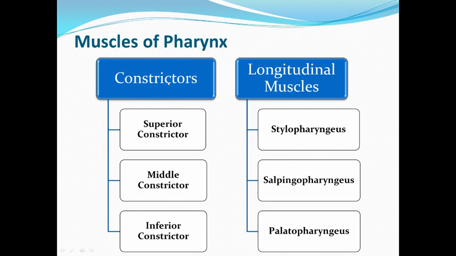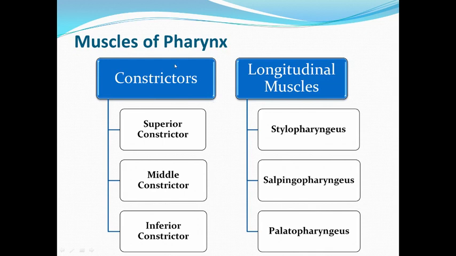That muscular coat has an outer circular layer made up of the three constrictors, and the inner longitudinal layer of muscles that is also three in number: the stylopharyngeus, the salpingopharyngeus, and the palatopharyngeus.